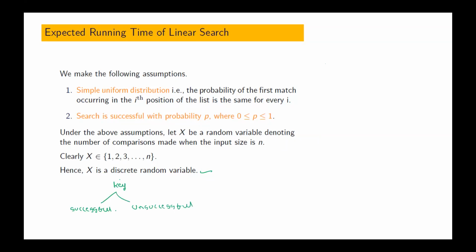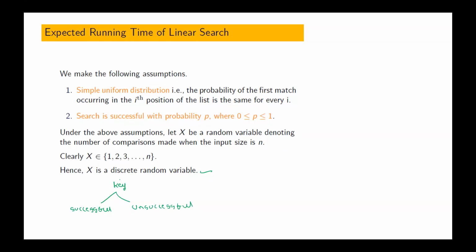So these two things can happen. If the search is successful, will it be unsuccessful at the same time? No. If it is unsuccessful, is it successful? No. That means out of these two, only one thing will happen.